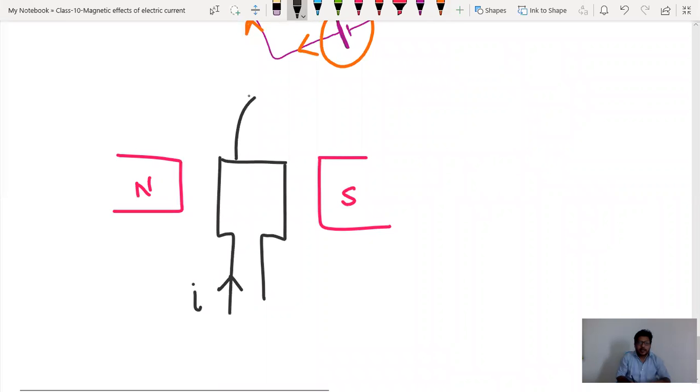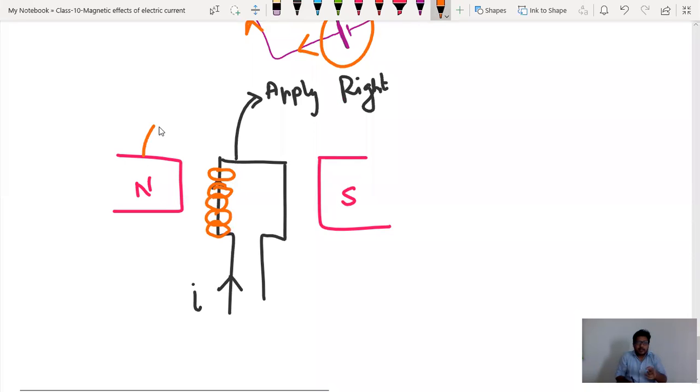For this armature, apply right hand rule. And if you apply right hand rule, this is direction of current. Now what about the direction of magnetic field? It will be around it, isn't it? Now this is kept in magnetic field. There is magnet and there is magnet, and this magnet field is like this.